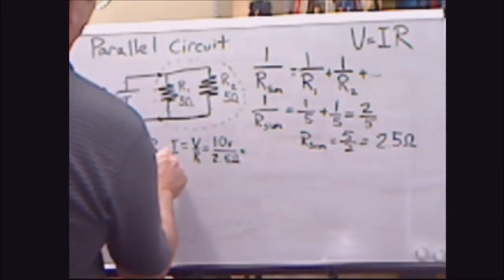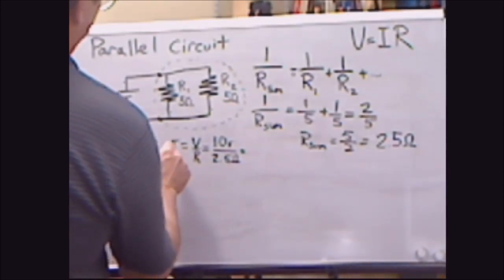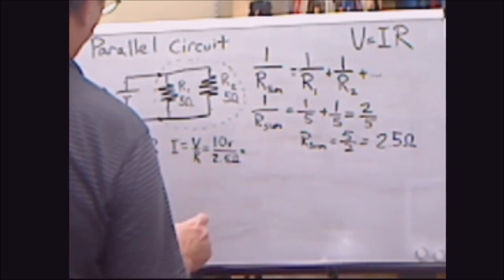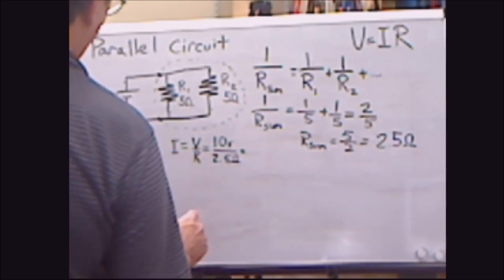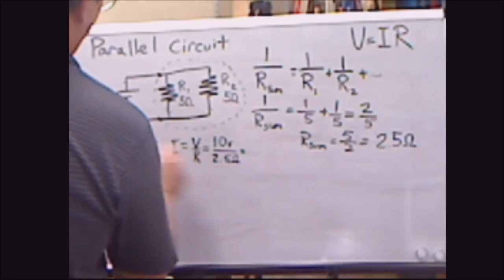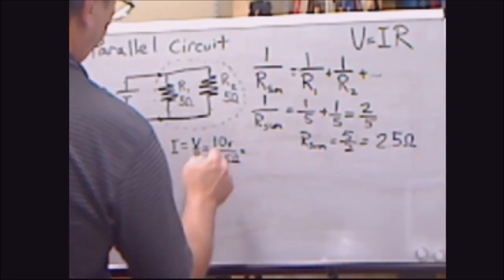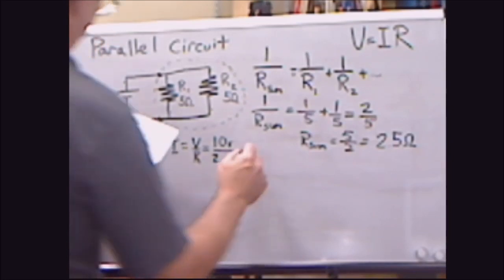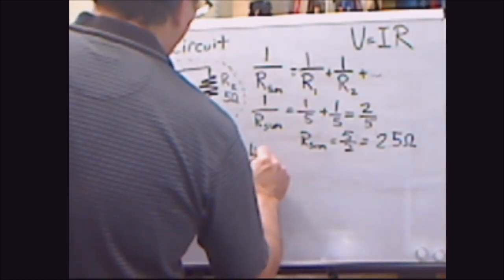V equals IR. So, no, I did that wrong, didn't I? I equals, no, I did that right. 10 volts divided by 2.5 equals 4 amps.